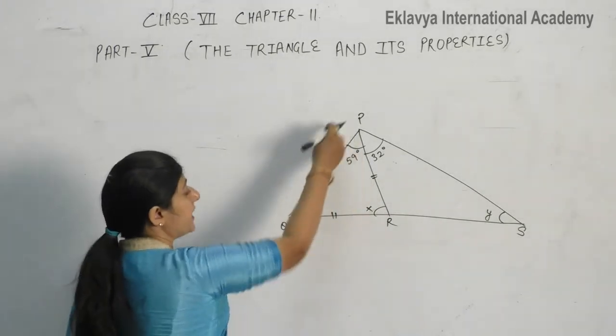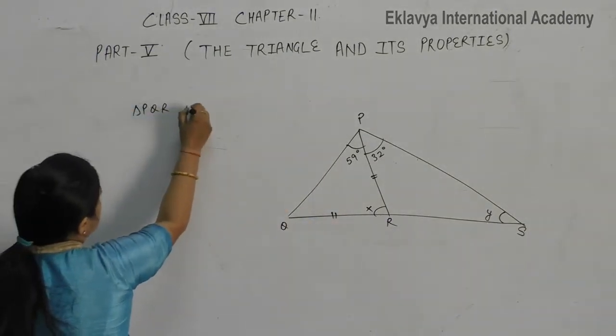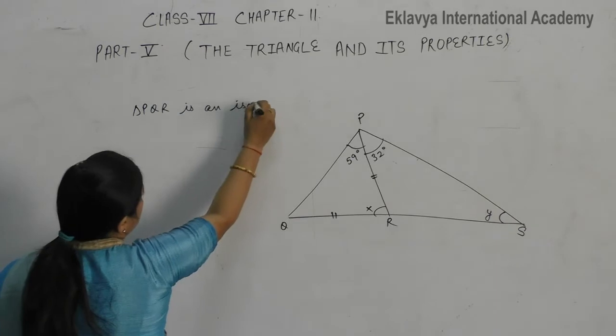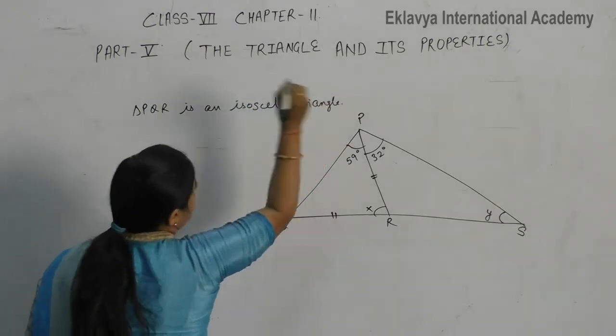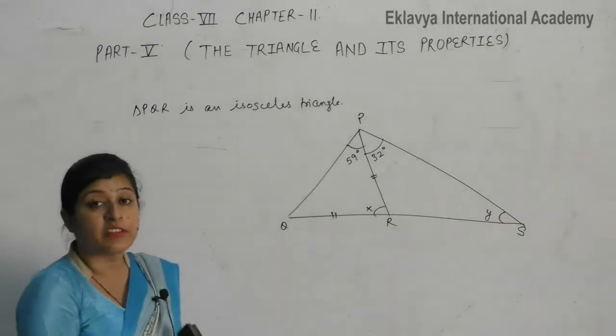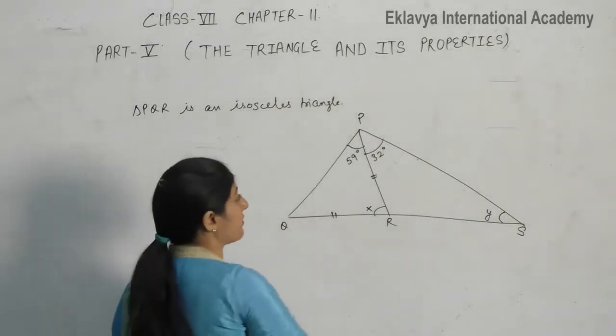So, we can say triangle PQR is an isosceles triangle. And what is the property of an isosceles triangle? These two sides are equal, so opposite angles are also equal.